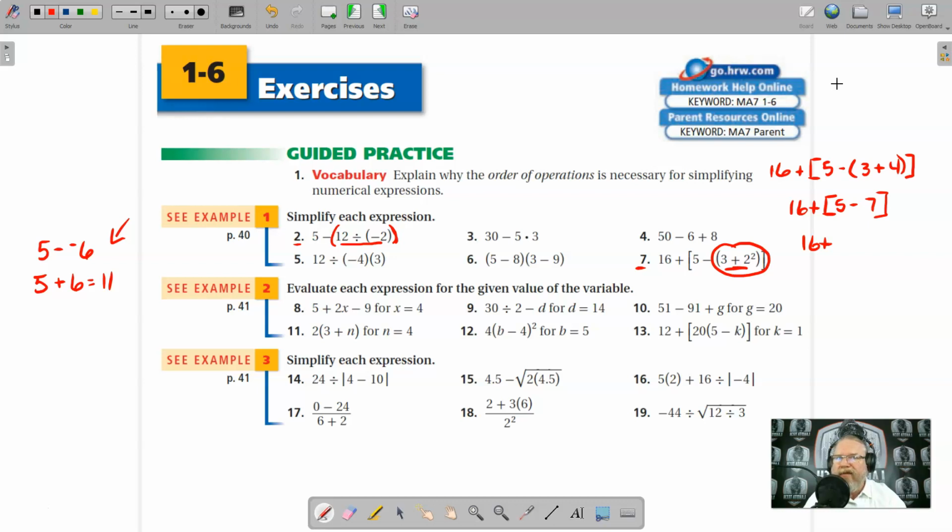Some of you might be saying negative 2. Well, check this out. I can keep the 5, change the sign to addition, and take the opposite of the value that follows the sign that I changed. So I changed subtraction to addition. The opposite of positive 7 is negative 7.